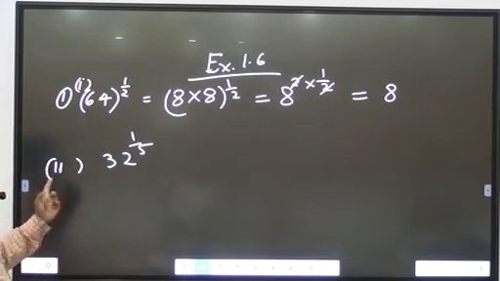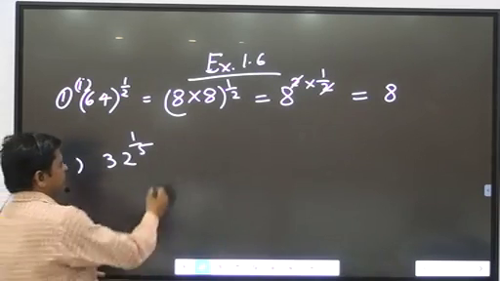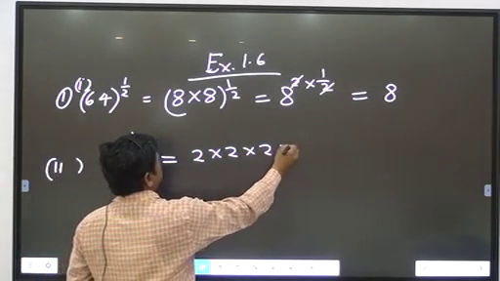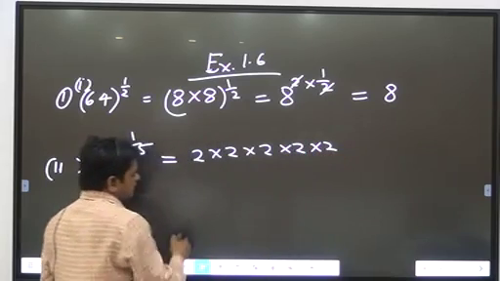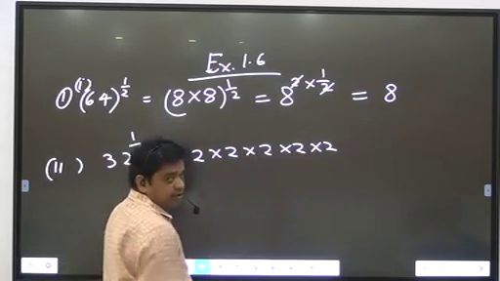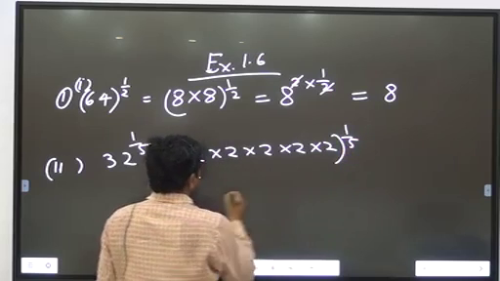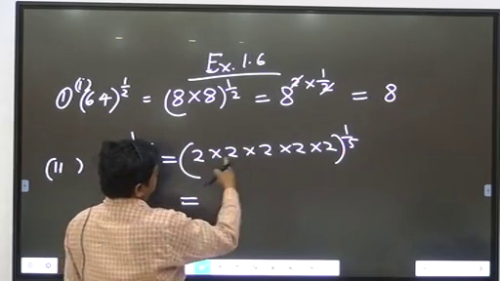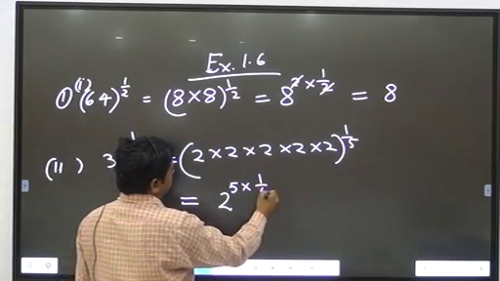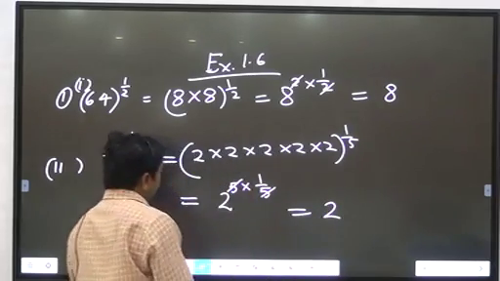In the case of 32 to the power 1/5, we can factorize 32 as 2 into 2 into 2 into 2 into 2. Checking: 2, 4, 8, 16, 32. The exponent is 1/5 and 2 appears 5 times, so we write 2 to the 5 into 1/5. The 5s cancel, and finally we get the answer 2.